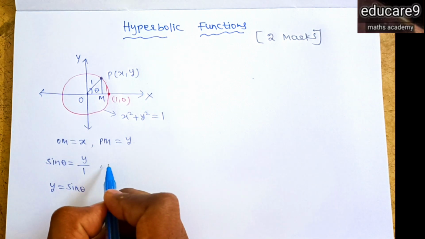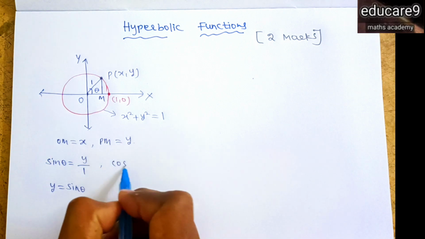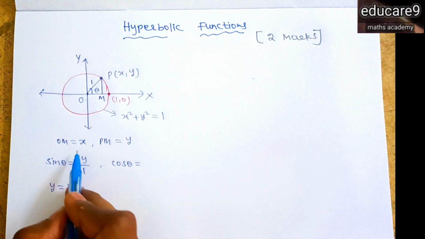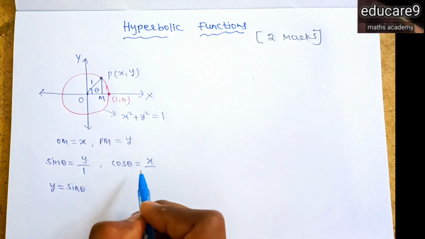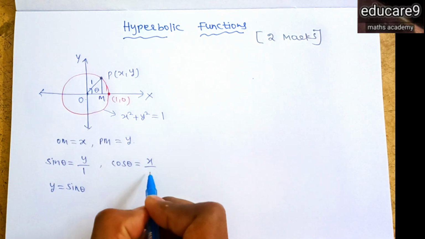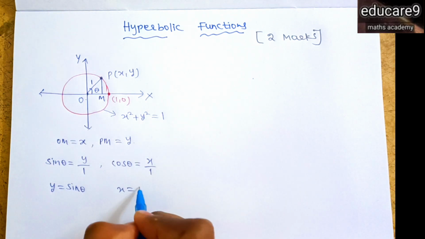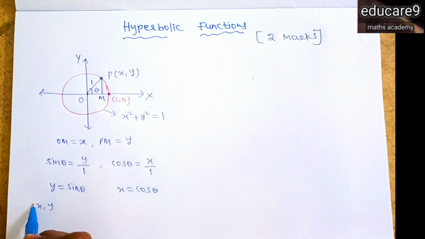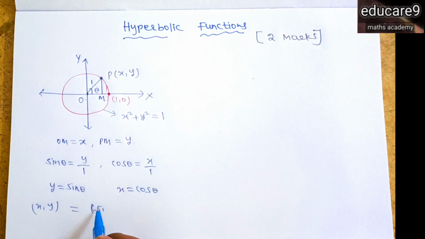Similarly from the triangle OPM, cos theta is defined as the adjacent side OM, which is x, by hypotenuse 1. Clearly x equals cos theta. So the point (x, y) equals (cos theta, sin theta).